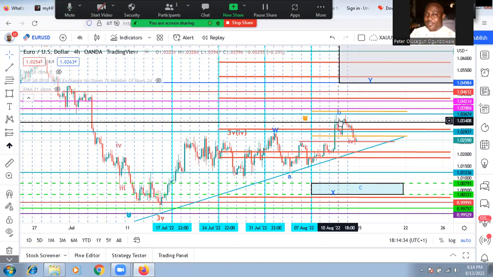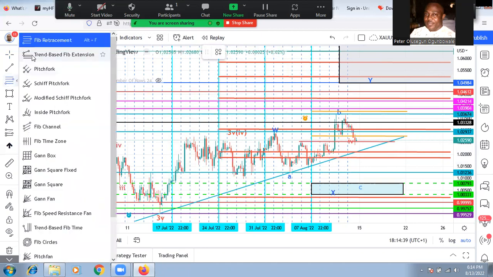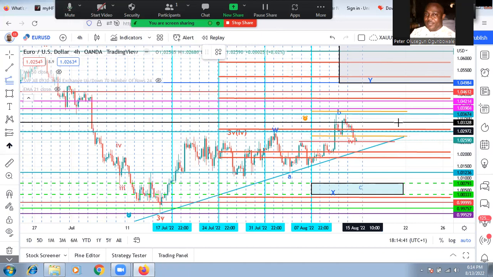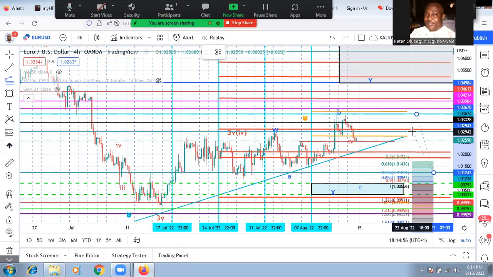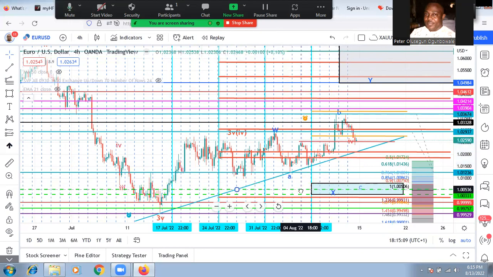So to be an extended flat, then we expect just one possibility, and that possibility is 123 to the downside from here itself. So from here to this point, and a 123 to where this is. So now the 100 is here, which is not impossible.